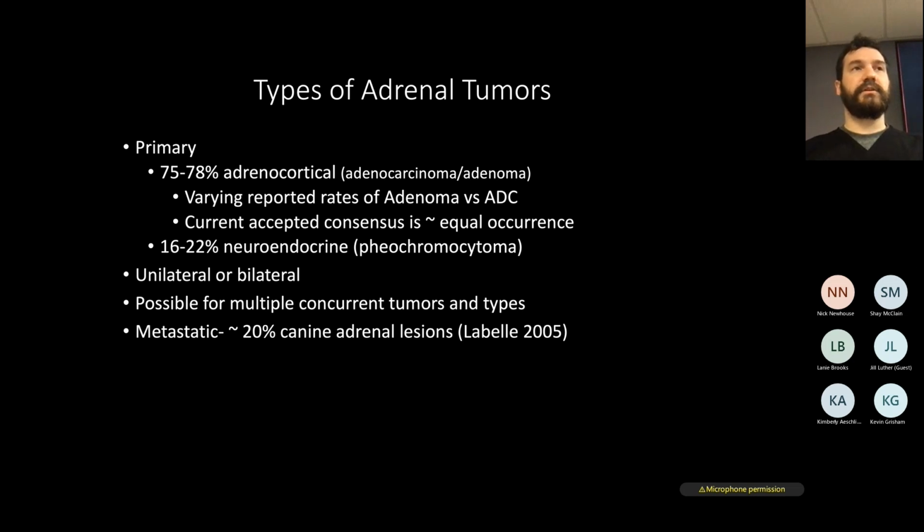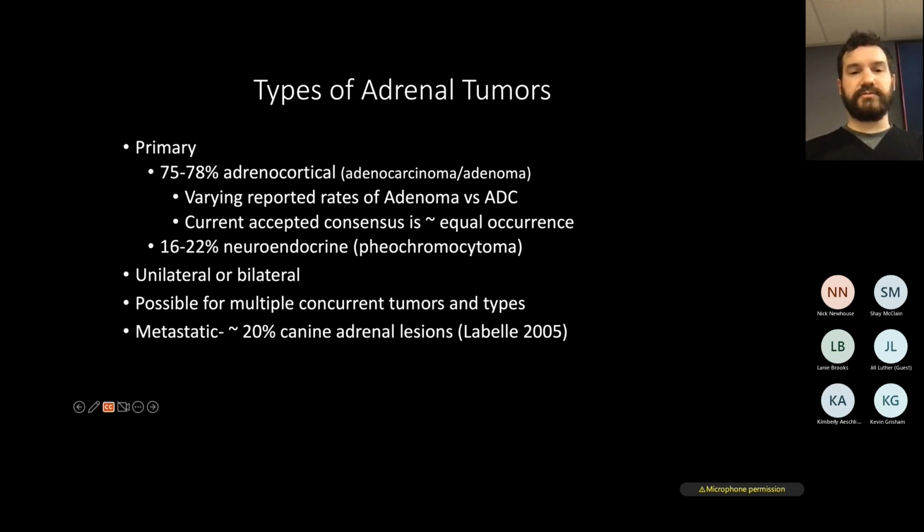About 16 to 22% of primary adrenal tumors could also be neuroendocrine in nature, so pheochromocytomas. With adrenal tumors, we can have them bilateral or unilateral. We can have multiple different types of masses in the same adrenal gland, or one type in one gland and then a completely different type on the contralateral side.